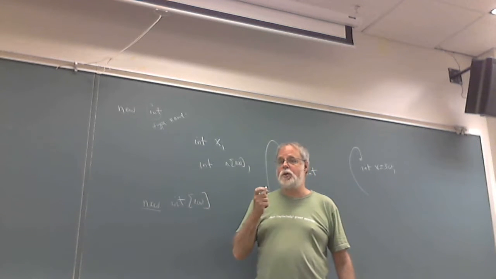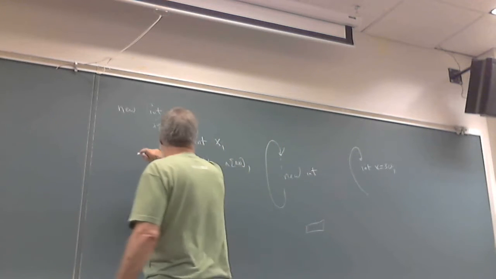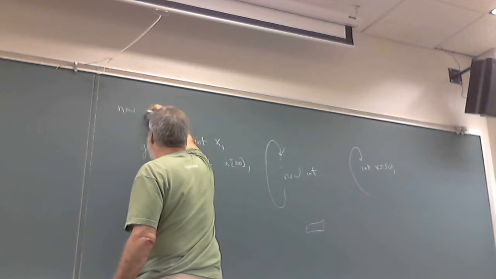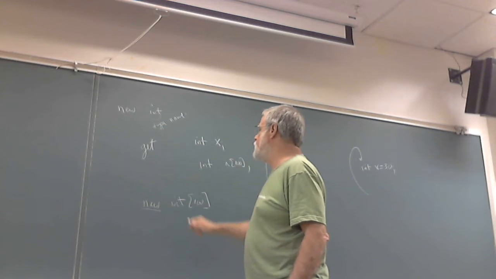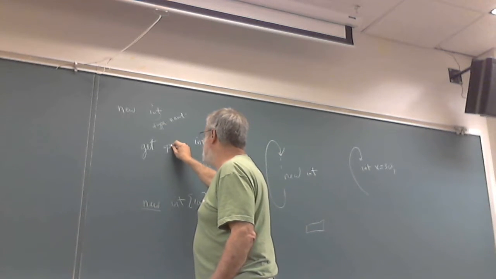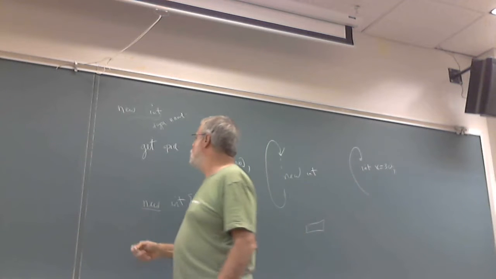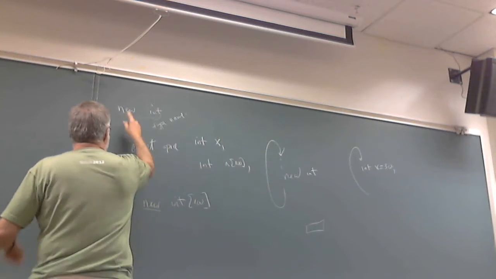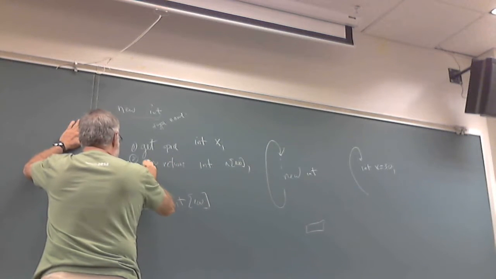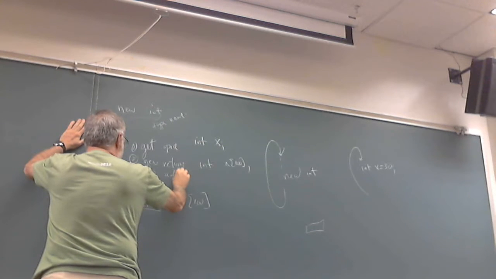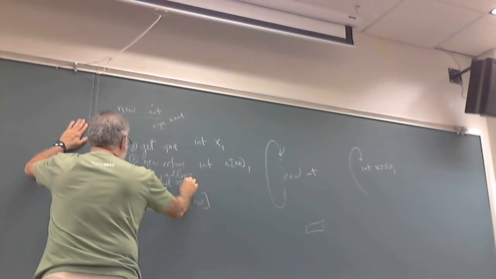So what new does is it gets you new space, and what it returns is the address of where that space begins. You get enough space to store an integer, or enough space to store 100 integers, and what's returned by new is the address of that space.